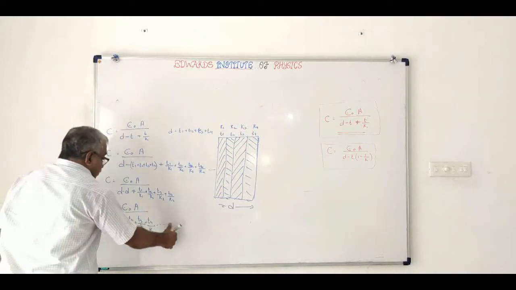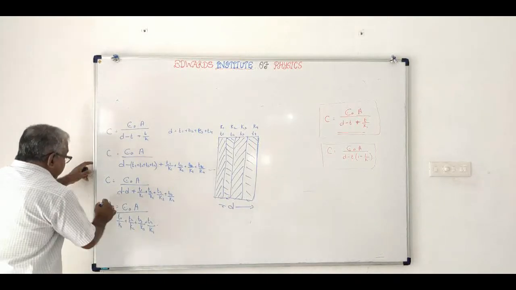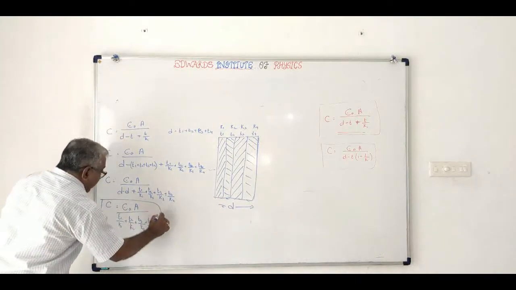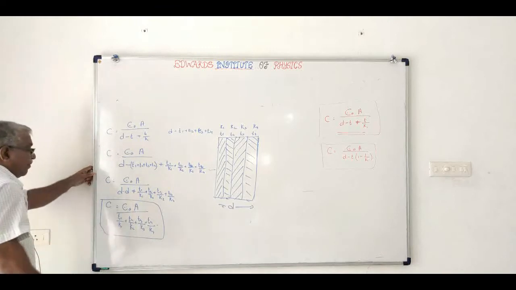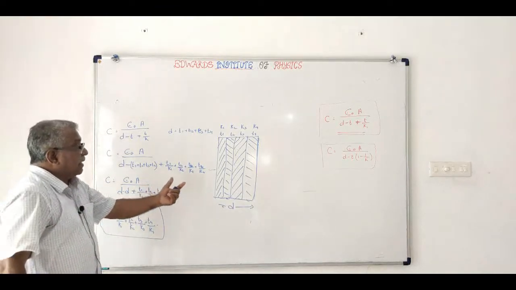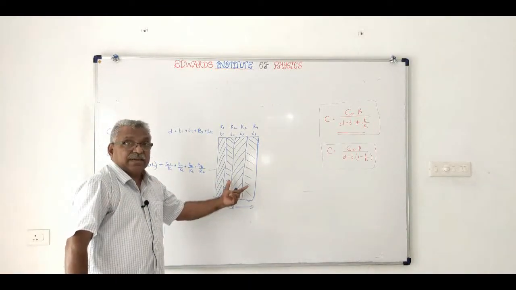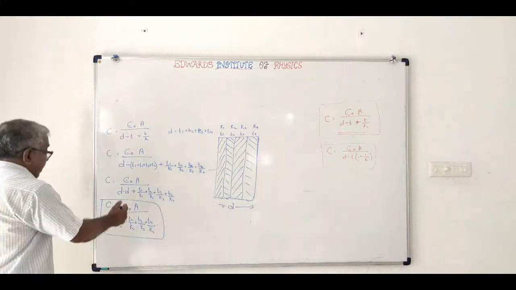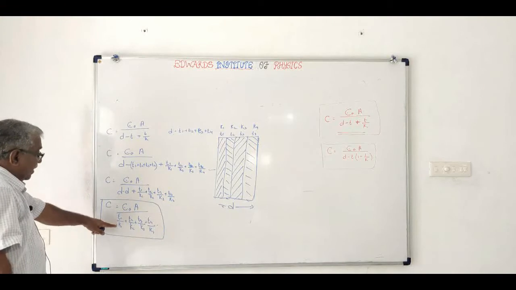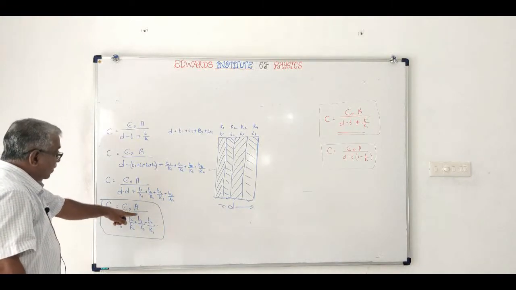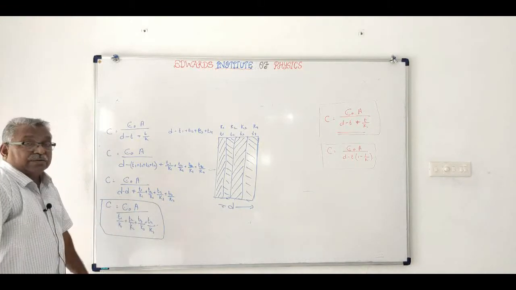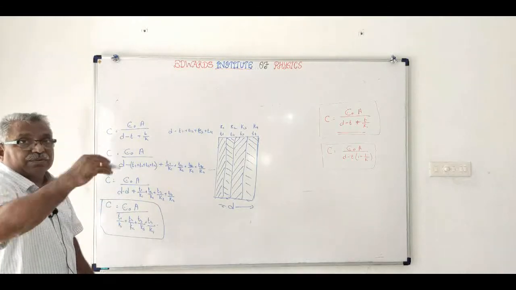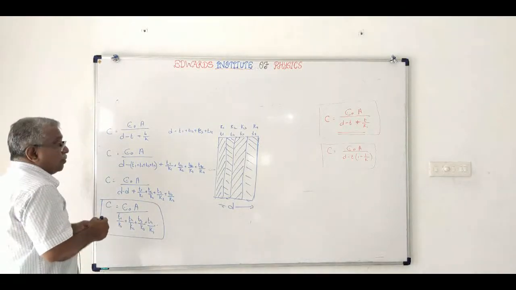Okay. So this is the capacitance of a capacitor if you have different dielectrics of different thickness and different dielectric constant. It will be epsilon 0 A by T1 by K1 plus T2 by K2 plus T3 by K3 plus T4 by K4, like that it goes. Okay.